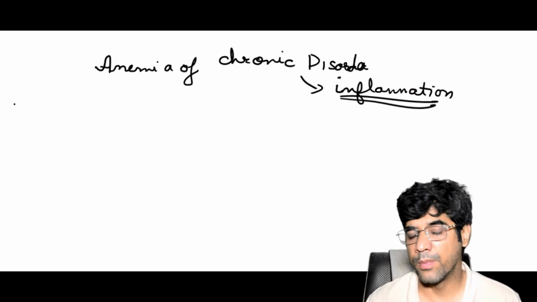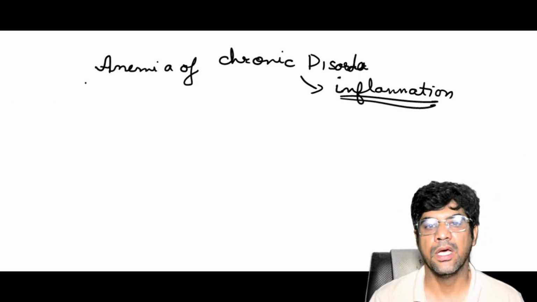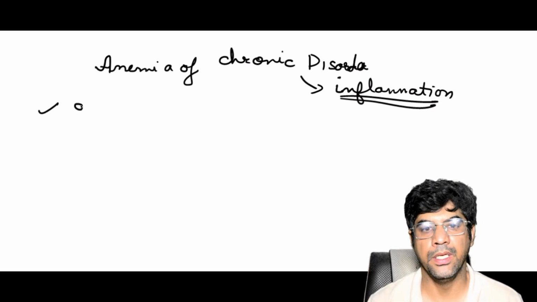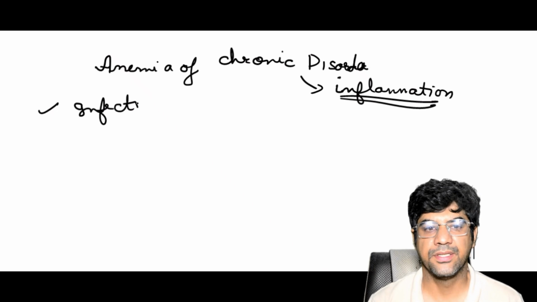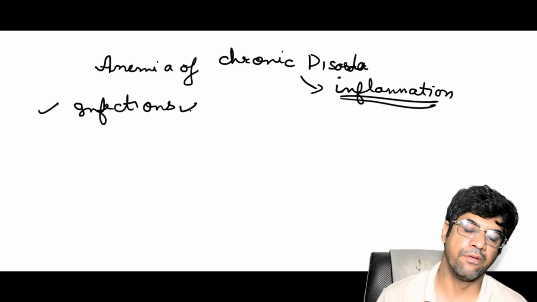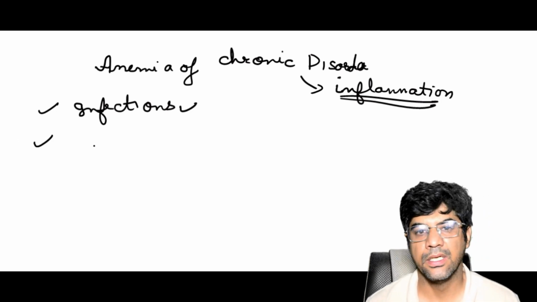Now, what are the common causes associated with anemia of chronic disorders? The first could be infections, chronic infections like tuberculosis and HIV.